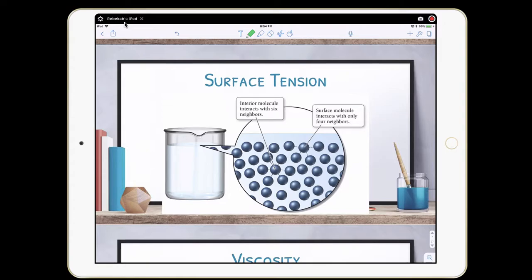They are held together. We'll talk about why they're held together in just a second. But the water particles have this attraction. They're interacting with their neighbors, and so it's creating this kind of chain that's holding the paper clip on top of the water because these interactions are really strong.